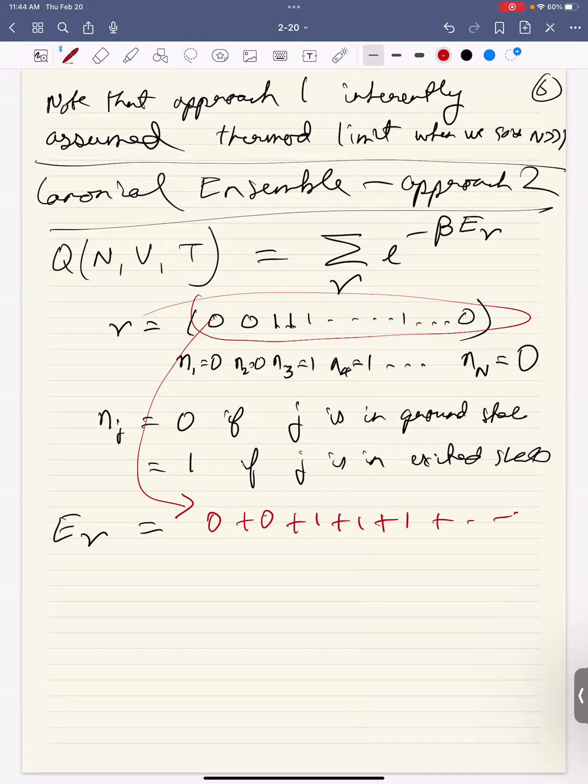What we are doing here is writing it in a slightly sneaky manner. This is 0, but 0 is the same as 0 multiplied by epsilon. This is the same as 1 multiplied by epsilon, 1 multiplied by epsilon. And now, given the numbers that we introduced, these numbers are what you can call an occupation number, which is which state the particle is occupying. Occupation number, okay?